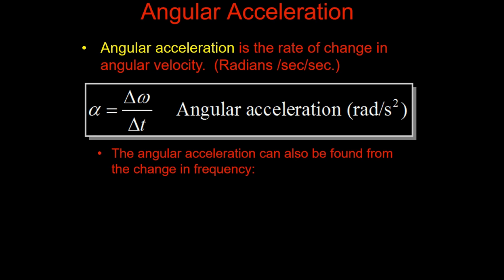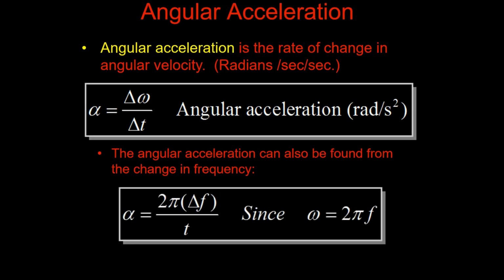You can also find the angular acceleration from the change in frequency, and things like this we'll see more nearer the end when we start talking about oscillations. But please keep these in mind, that the angular frequency can also be 2 pi times f divided by t, since omega is 2 pi f.